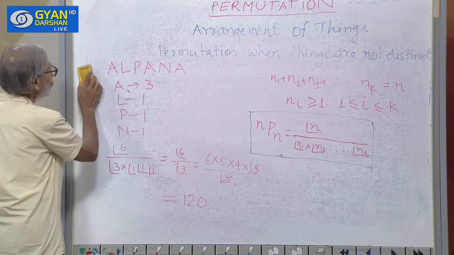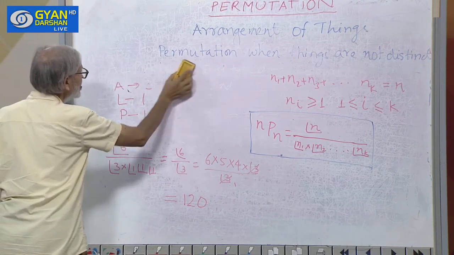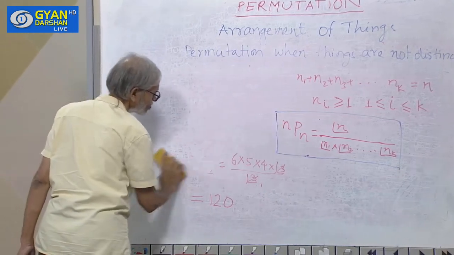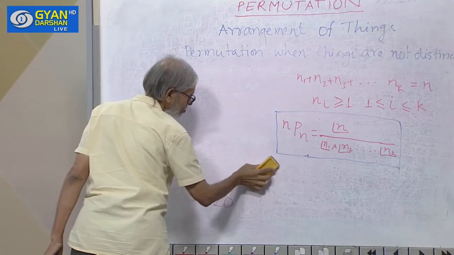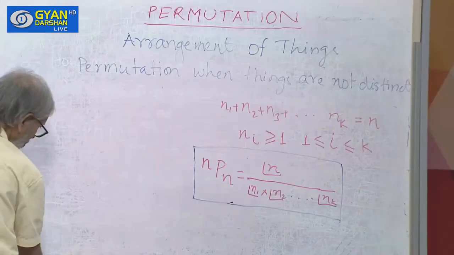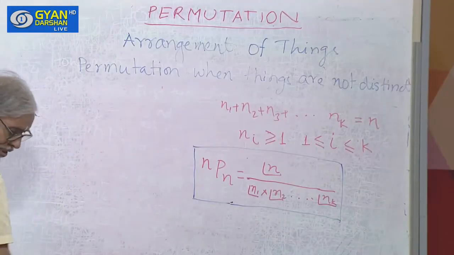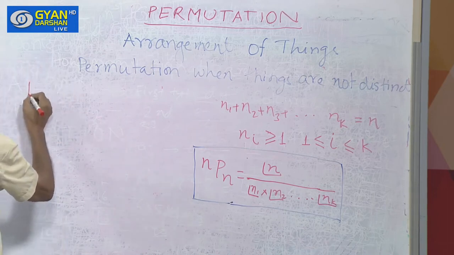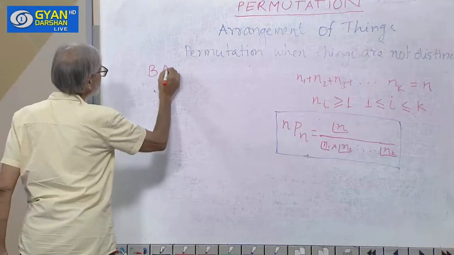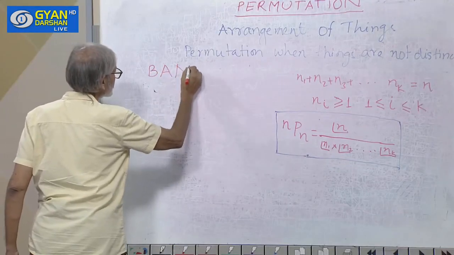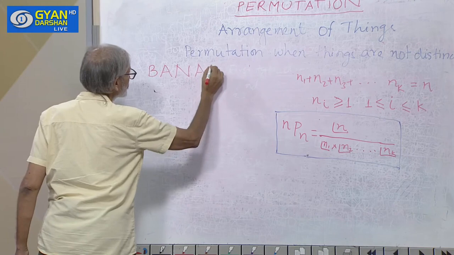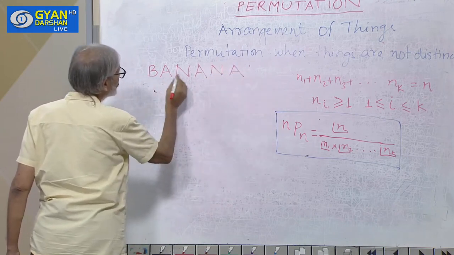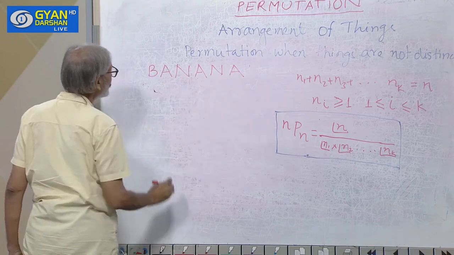Now, suppose in place of Alpana, I take another example, Banana. One, two, three, four, five, six, again 6 letter word.